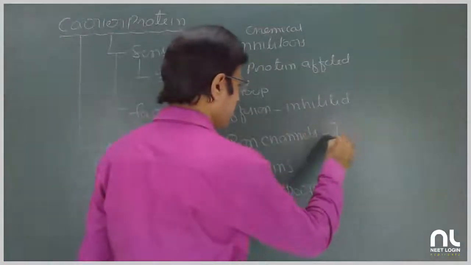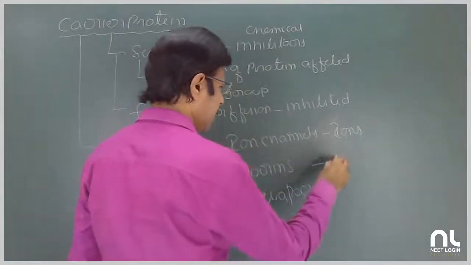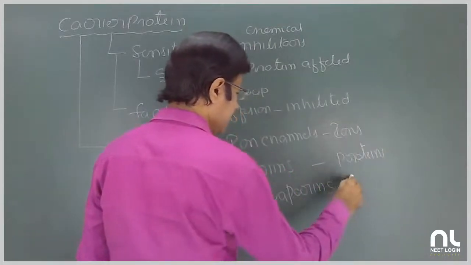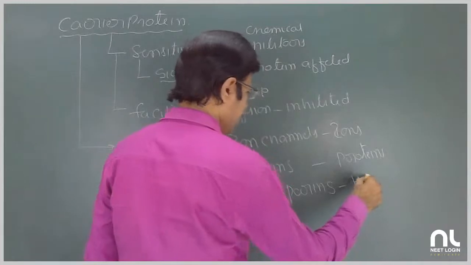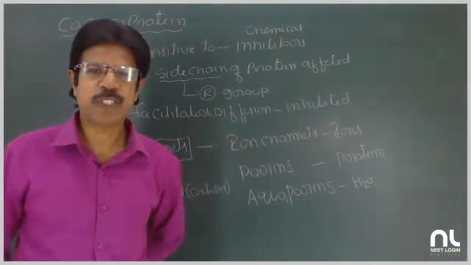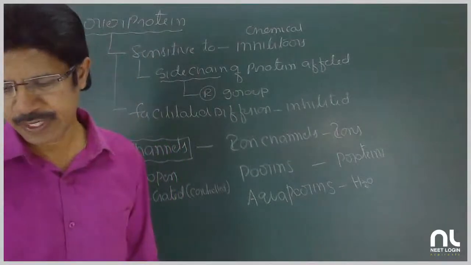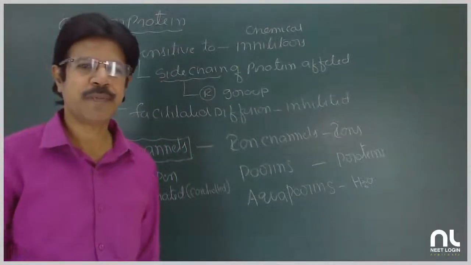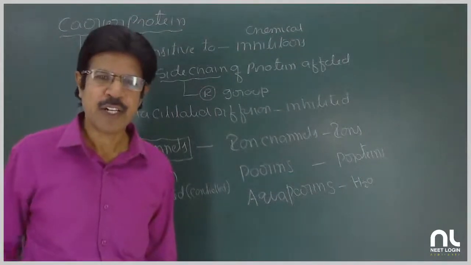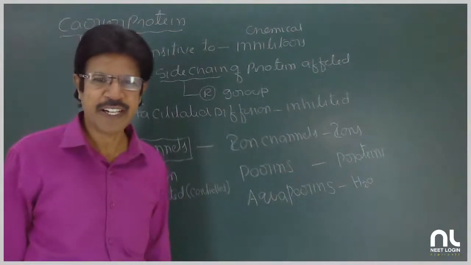So ion channels for ions, porins for proteins, aquaporins for water. So carrier proteins are specific in their action, they show specificity, are sensitive to inhibitor, and work down the concentration gradient.